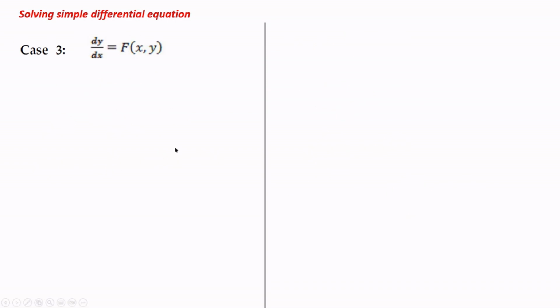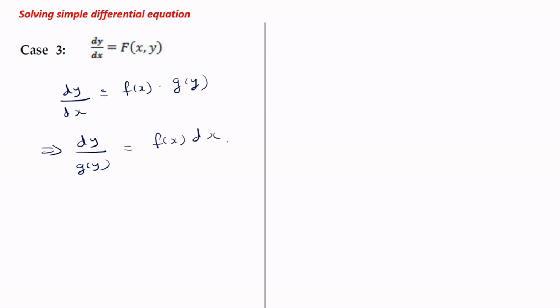Next we have the case where the differential equation is of the form dy by dx is equal to a function of x and y. In this case, if we are able to write the given differential equation as a function of x into some other function of y, then we can write dy by g of y equal to f of x dx.